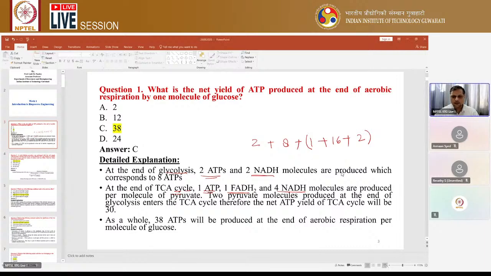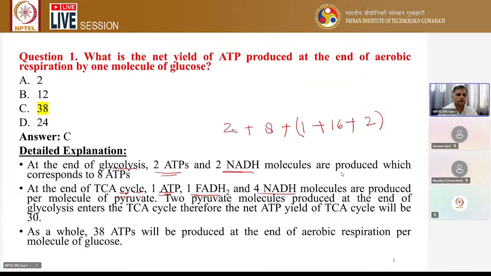Yeah, so what it says, this for the glycolysis.